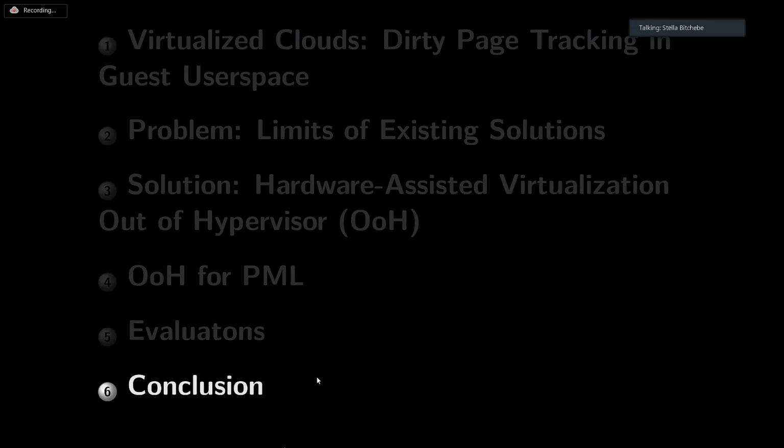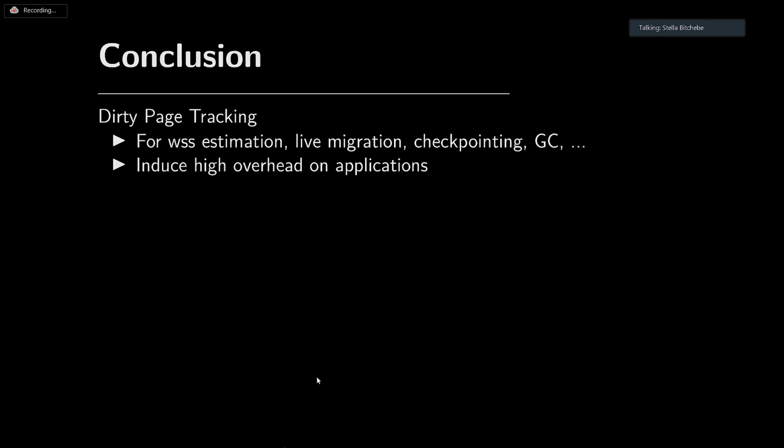So in conclusion, dirty page tracking is an essential task for both the hypervisor and the guest VM because it helps to estimate the working set and to perform live migration and checkpointing, and it can induce high overhead on applications depending on the tracking technique that is used.